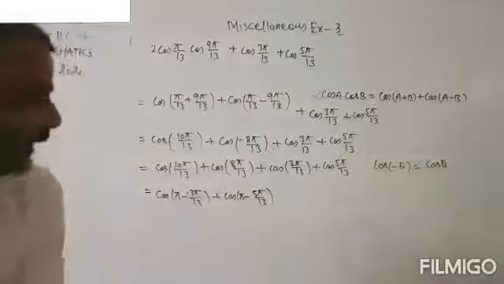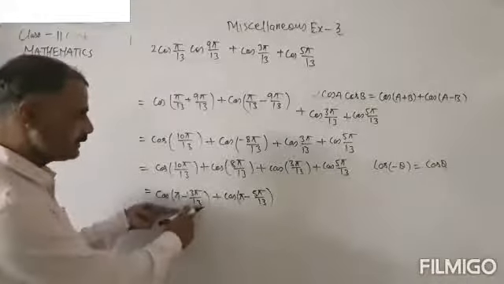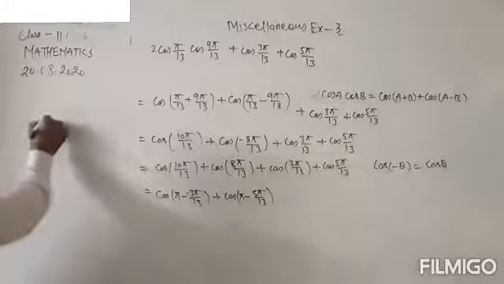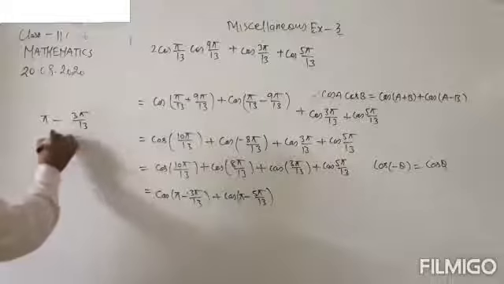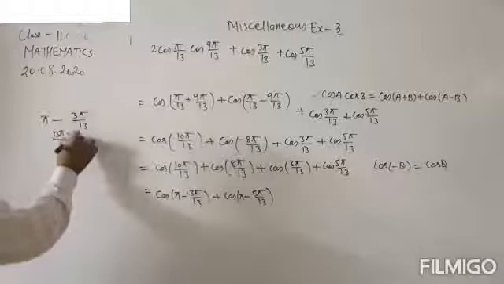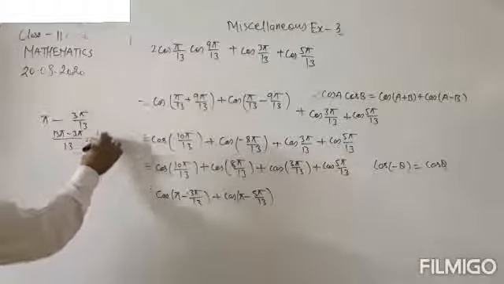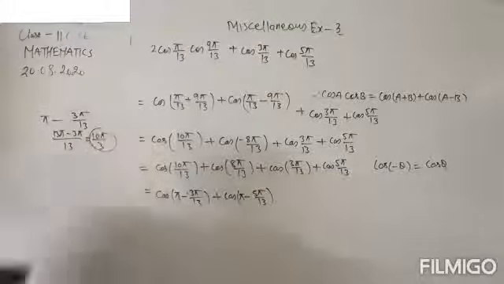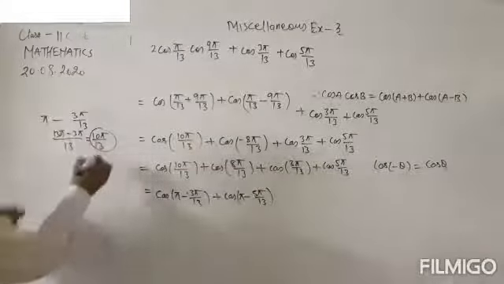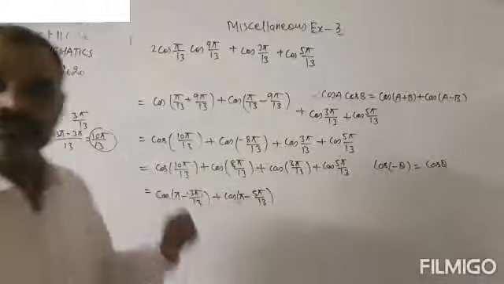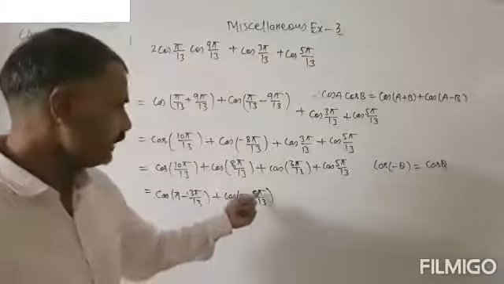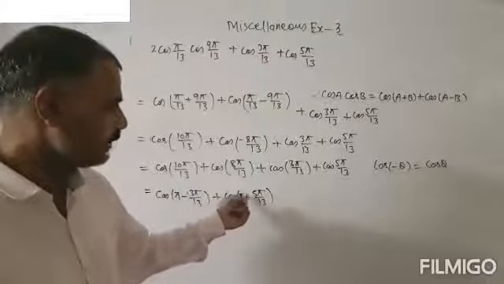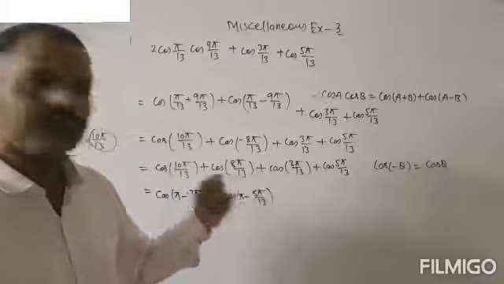Let us have a look. Pi minus 3 pi by 13, taking 13 as LCM, is 13 pi minus 3 pi, that is 10 pi by 13. So 10 pi by 13 is equal to pi minus 3 pi by 13. Similarly, pi minus 5 pi by 13 is 13 pi minus 5 pi, that is 8 pi by 13.